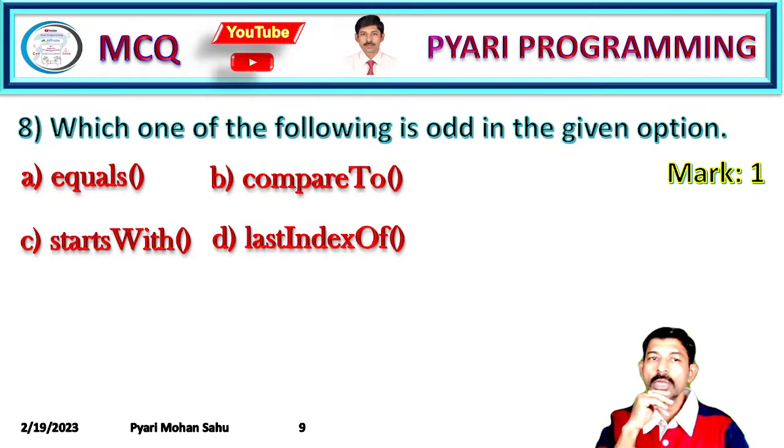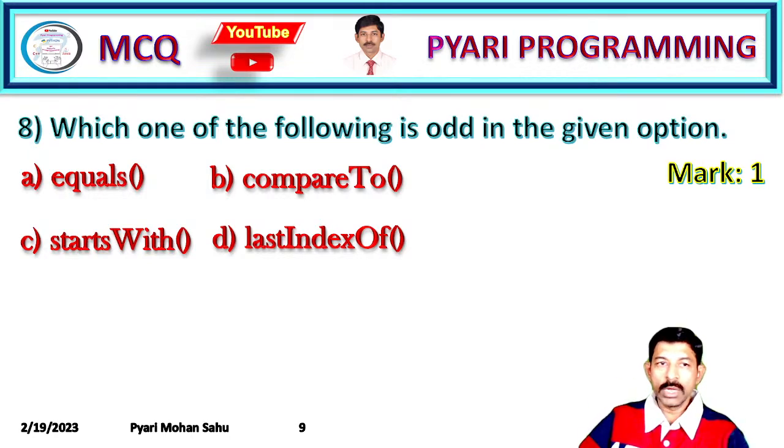Which one of the following is odd in the given option? Equals is there, compareTo is there, startsWith, indexOf. D, indexOf. C, reason. बेटा इसमें रीजन चाहिए. Odd man out.